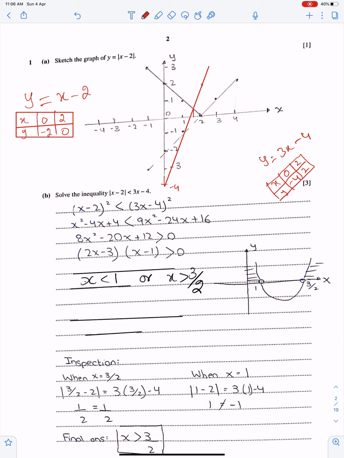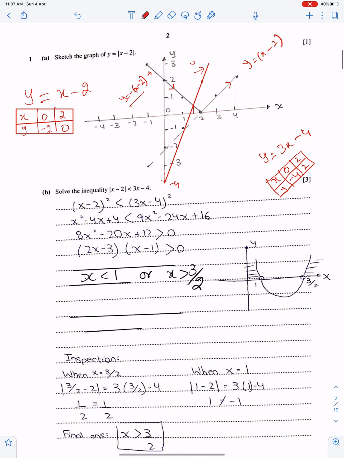You need to solve this line, which has equation minus x minus 2. Modulus means plus minus. So this is negative because of the negative gradient, and this has equation x minus 2. To get this point of intersection, you need to solve the equation of this line with 3x minus 4, and get this point. So this is 3 upon 2.